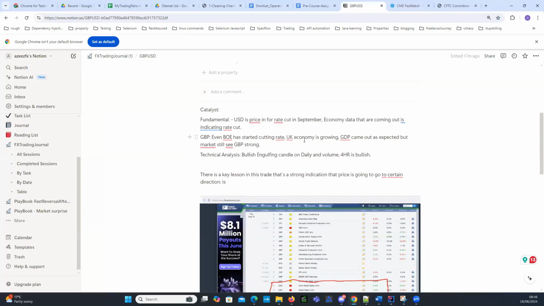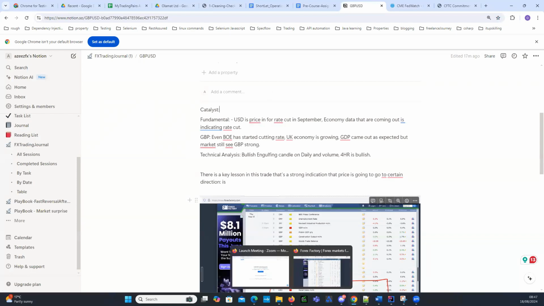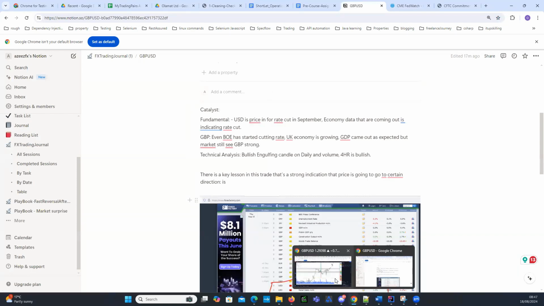And once the market is indicating that, the currency will be feeling it, the currency will be volatile to those indications. So now I've seen what the USD is doing.